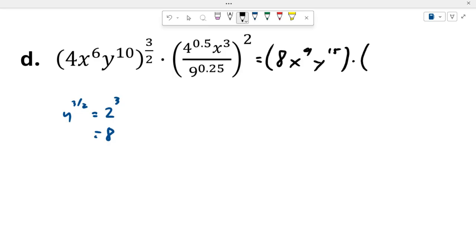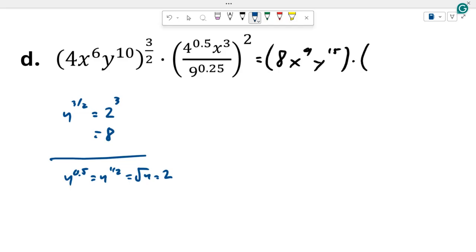So now this second part of the term, everything's being squared. My numerator, I have a fraction here. My numerator says I have 4 to the 0.5. Well, 0.5 is 1/2. So 4 to the 0.5, that's 4 to the 1/2, which we just said is the square root of 4, which is 2.